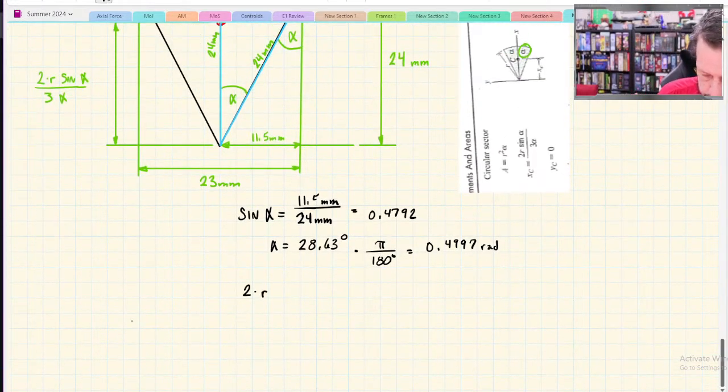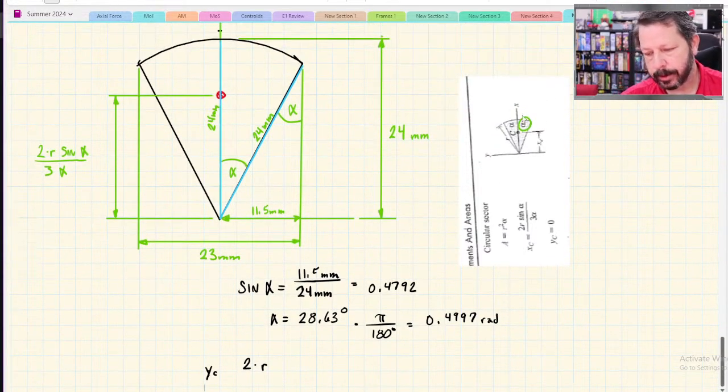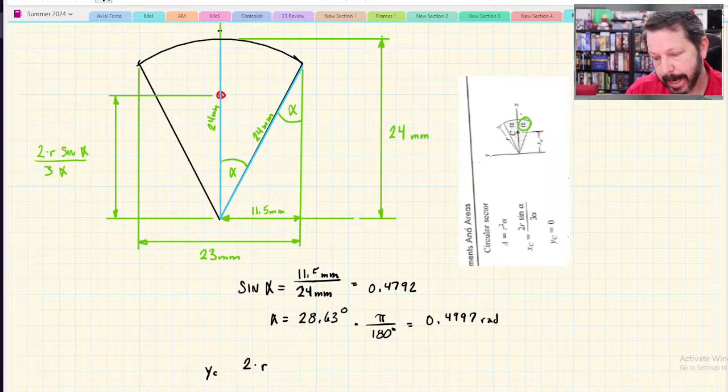2 times, or this is x, well, in our version it's going to be y sub c. We had to rotate the little chart so that what they have as x sub c is in our y direction.